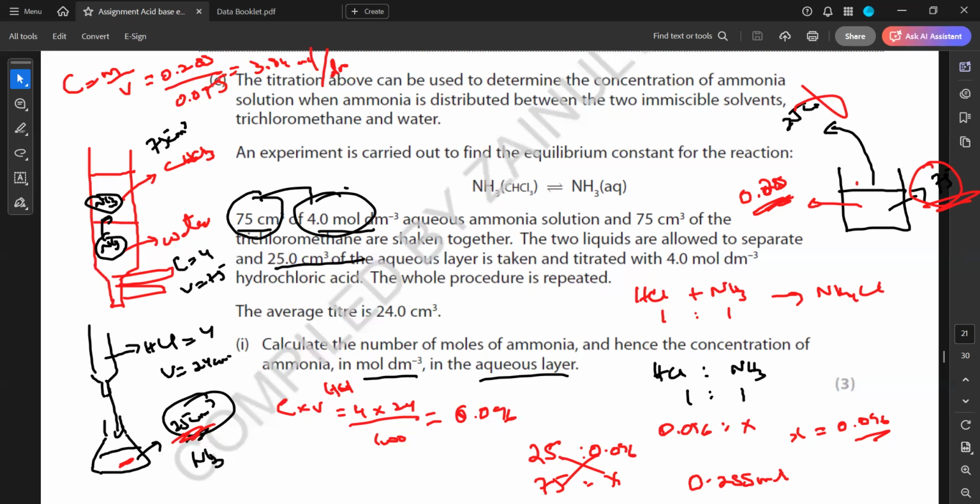Is it clear? So first we got the moles of HCl. From the moles of HCl, we got the moles of ammonia in 25. From the moles of ammonia in 25, we got the moles in 75. And from the moles in 75 and the volume, we divide them to get the concentration of ammonia in the aqueous solution.